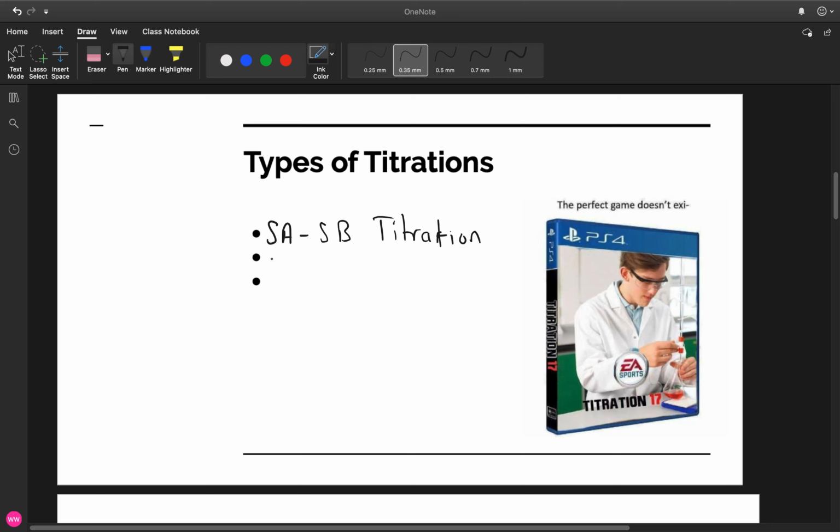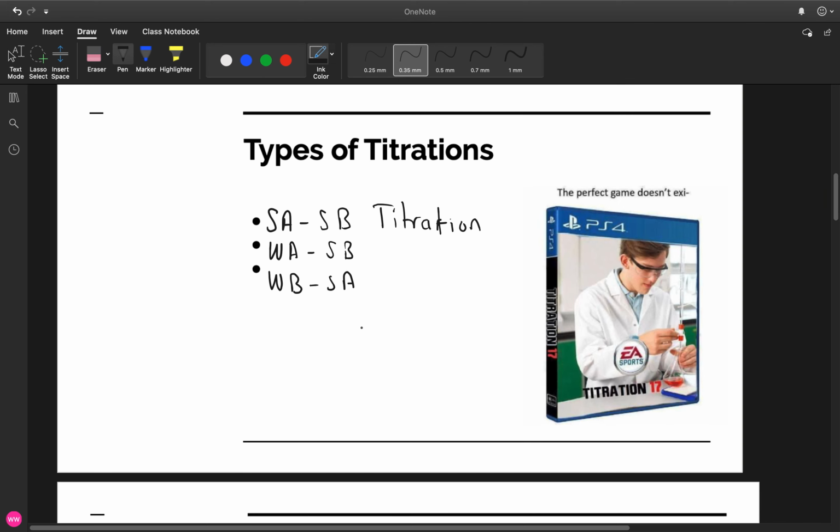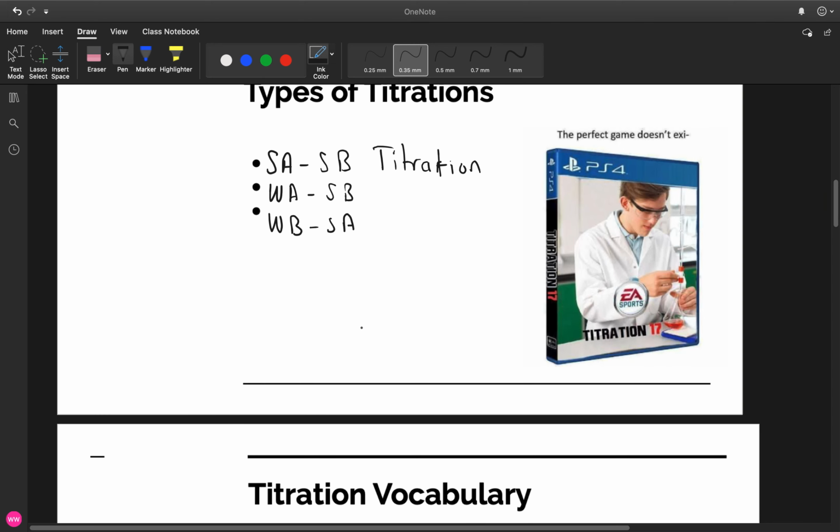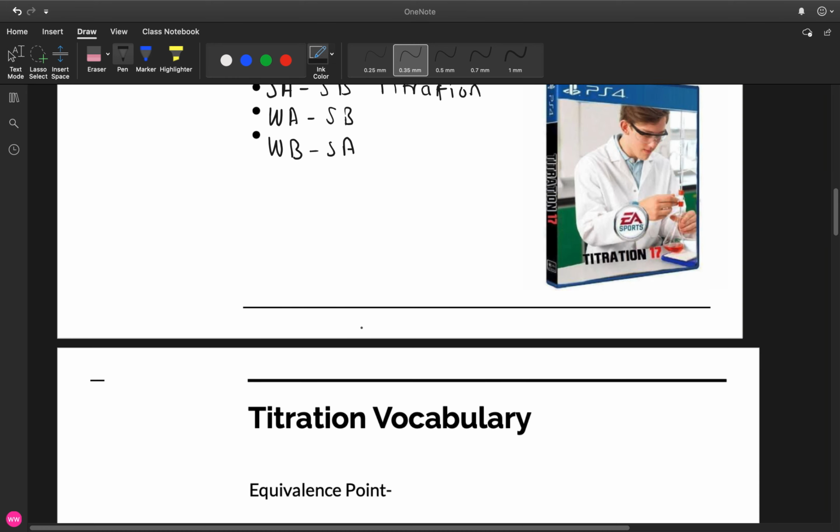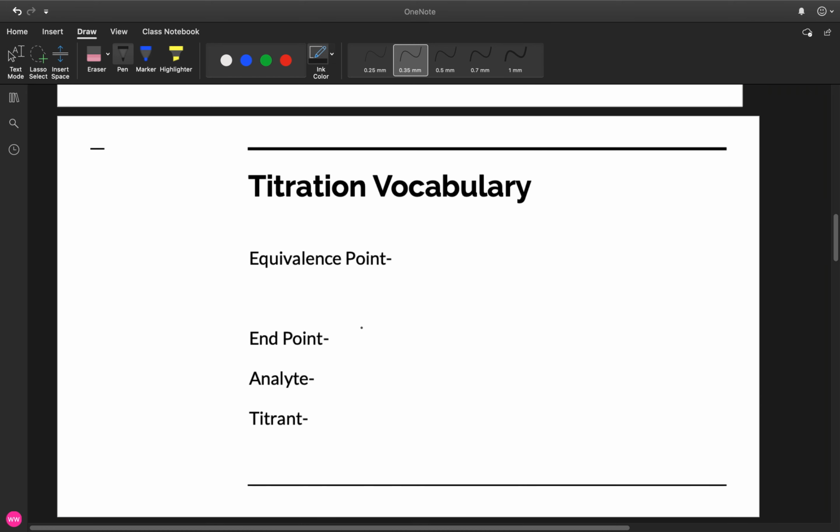So the other types are going to be a weak acid, strong base, or conversely, a weak base, strong acid. Now, as far as the strong acid, strong base goes, you could titrate either of those, and these processes look fairly similar to each other. Just one is going to increase the pH while the other will decrease the pH.